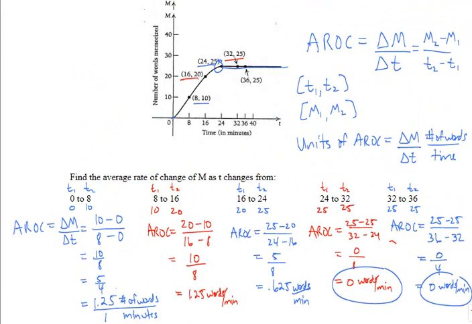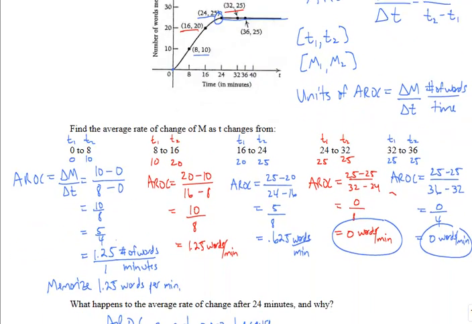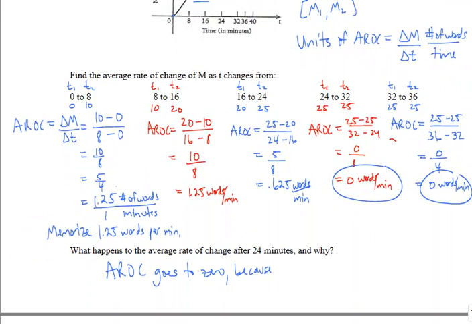That's what we're talking about here. We're talking about how many things you can memorize. So after a certain time, you're going to start to forget. So after 24 minutes, we start to lose our memory and we can't remember as many words because the time is too long.